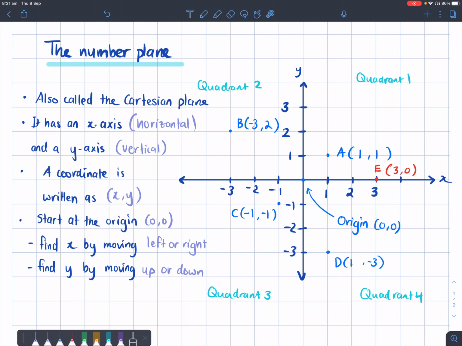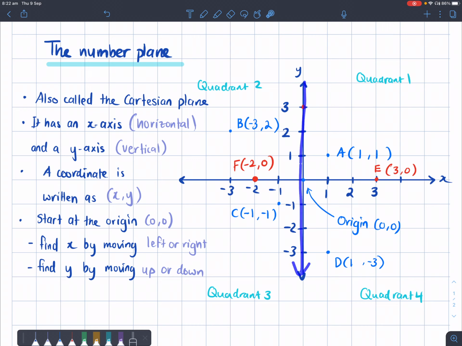Now, if I was to find another coordinate on the left side, okay, also on the x-axis, let's just say this point here, point F would be -2, 0, because you're moving left by 2, but you're not going up or down. So the x value is -2 for going left by 2. And for not going up or down, I write 0. Okay, then let's have a look at this point up here.